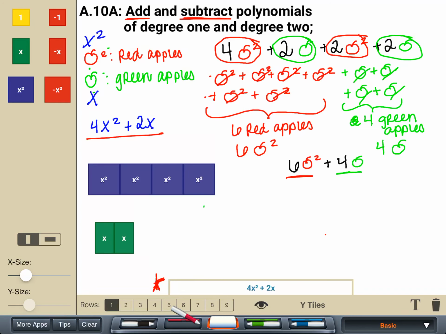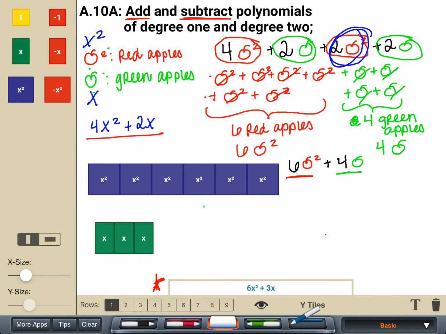And then we went in and added 2x squared because Bob wanted 2 more red apples, remember? So let's add in 2 more x squared tiles, just like we did up here in the blue. Now it's giving us 6x squared plus 2x. But then remember, Joe wanted 2 more green apples, and green apples are represented by x.